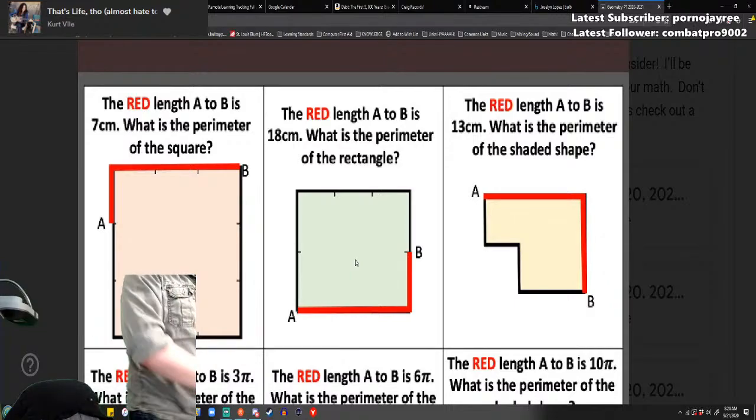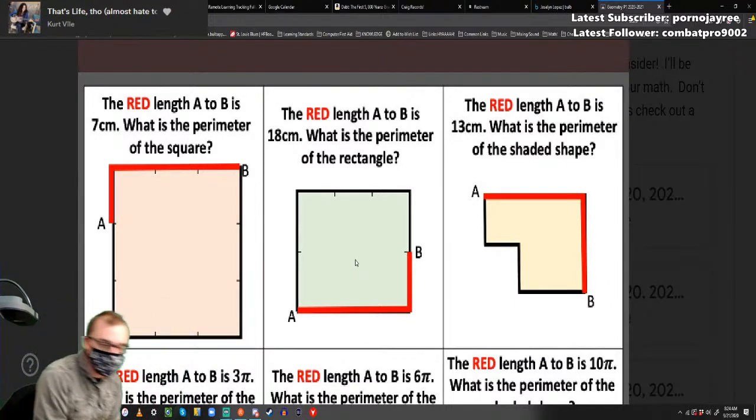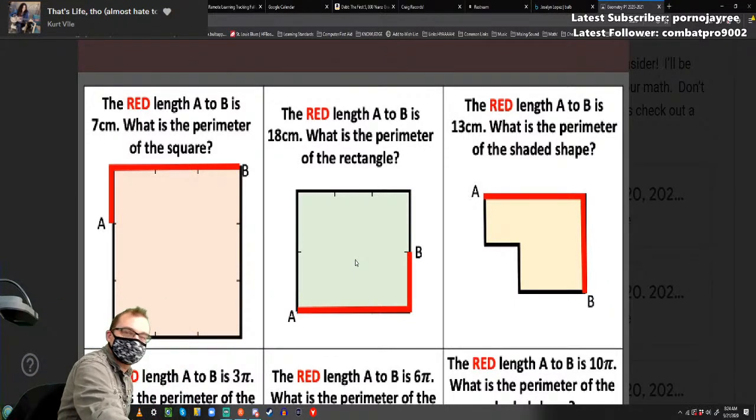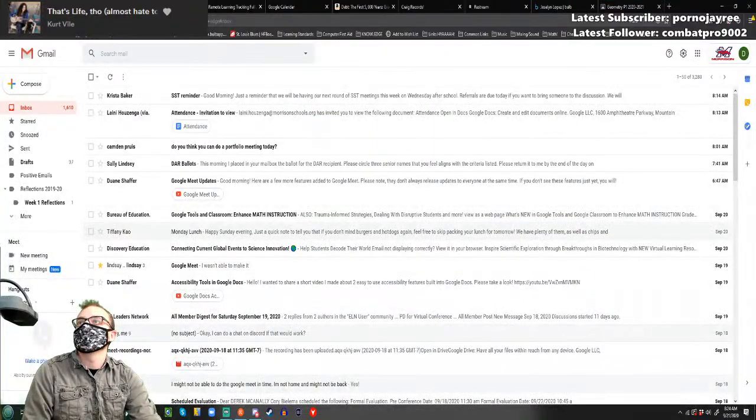How would you solve a problem like Maria? People at home, you're more than welcome to play along. Check my email real quick. I was feeling some buzzes.